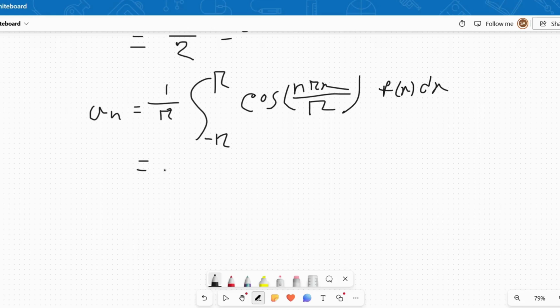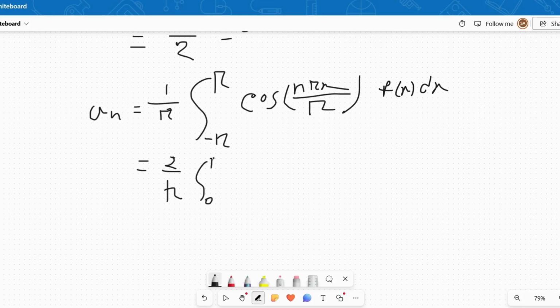If I multiply by 2, then it will be 2 by pi. Sorry, we calculate now from 0 to pi because we already multiplied by 2.